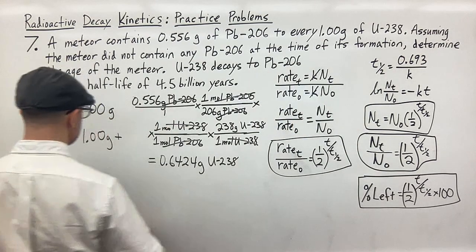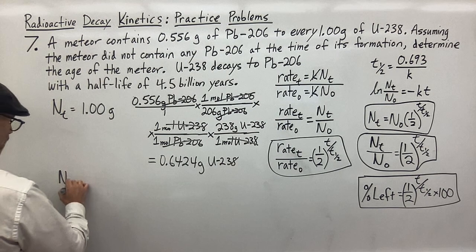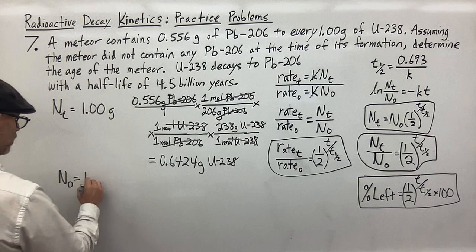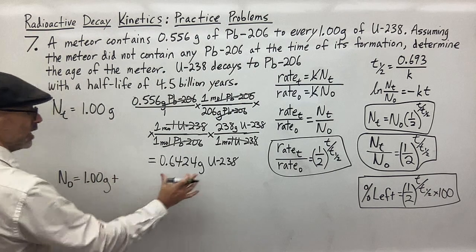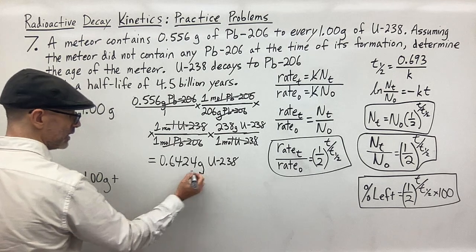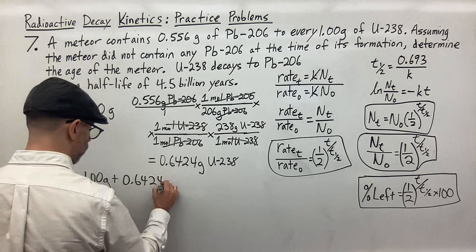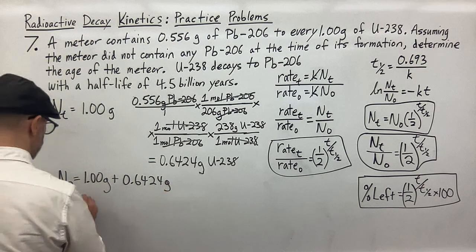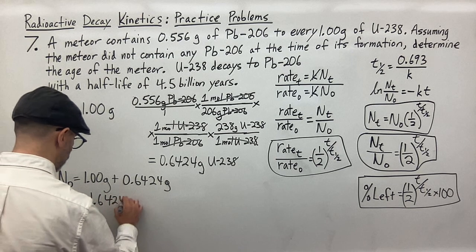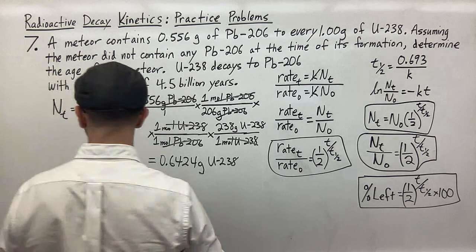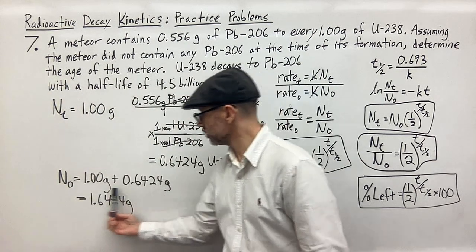So the initial amount of uranium 238 is 1.00 grams that I still have, plus the amount that decayed, 0.6424 grams. And so that total amount is going to be 1.6424 grams.